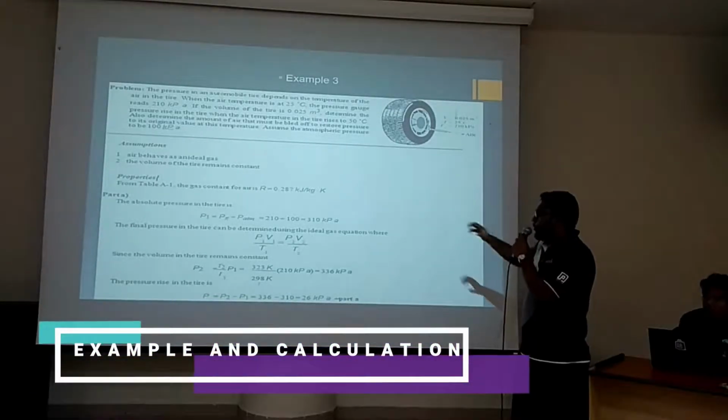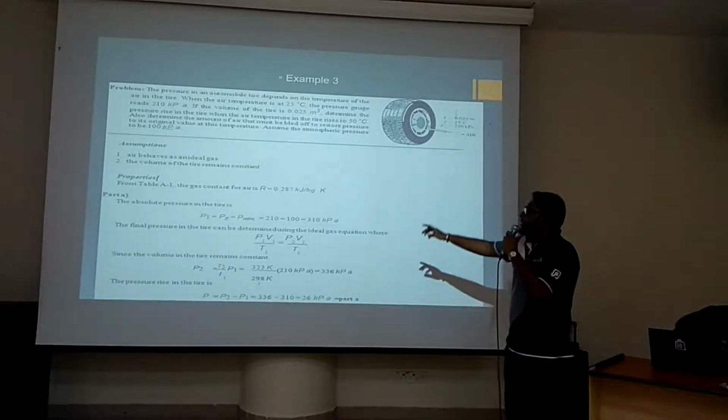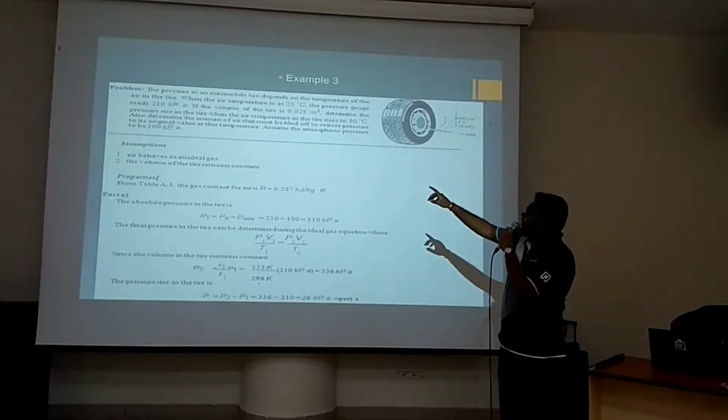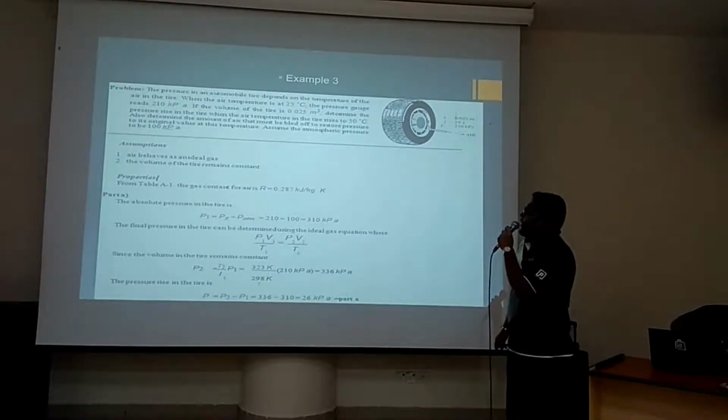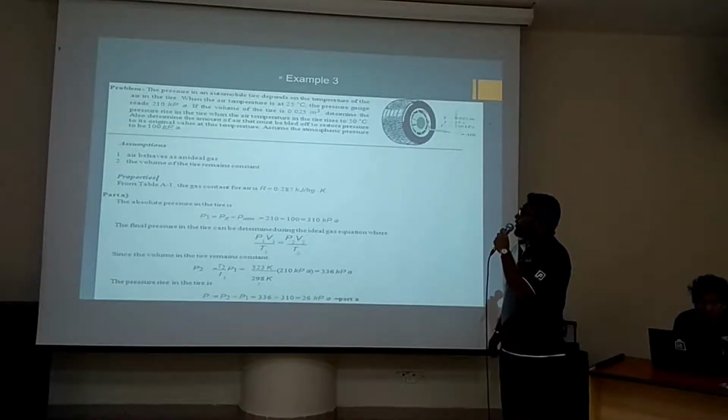So this is an example question of ideal gas. As you can see, the pressure in an automobile tire depends on the temperature of the air in the tire. When the air temperature is 25 degrees C, the pressure gauge reads 210 kilopascal.